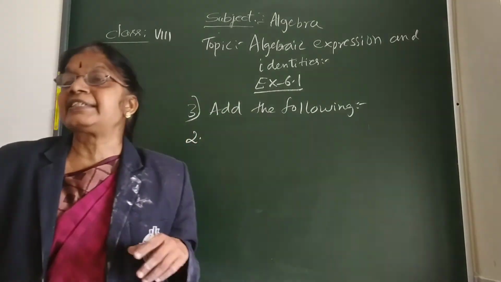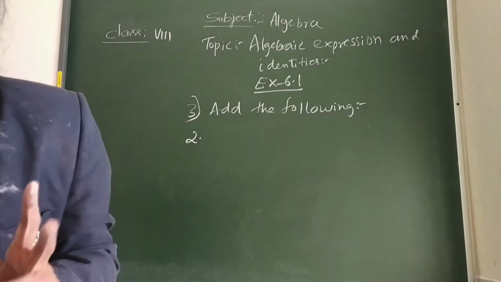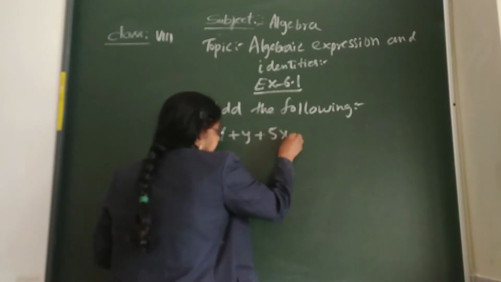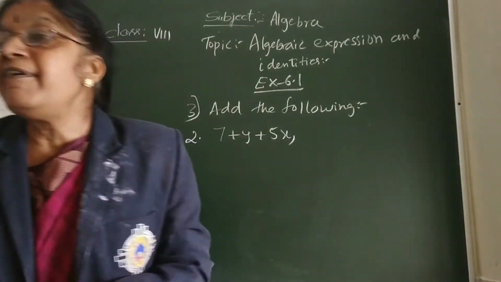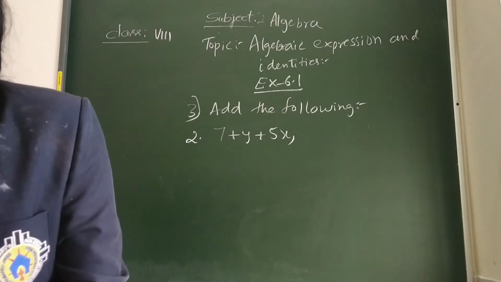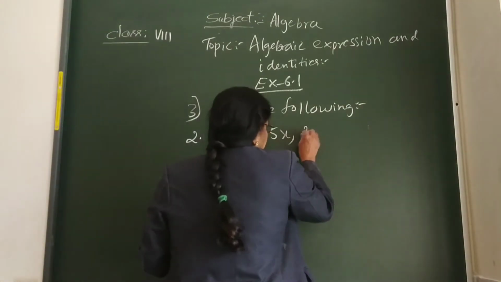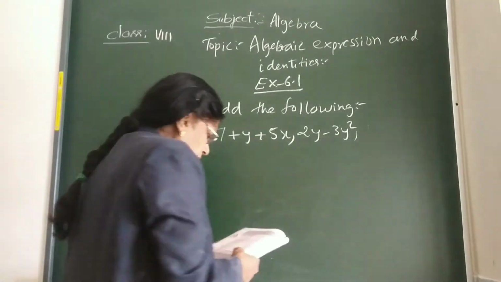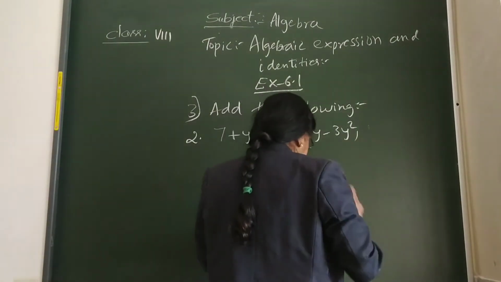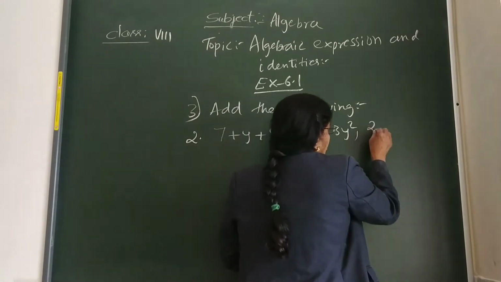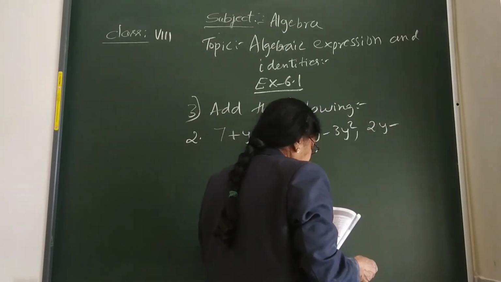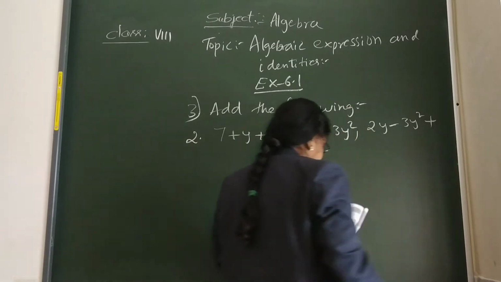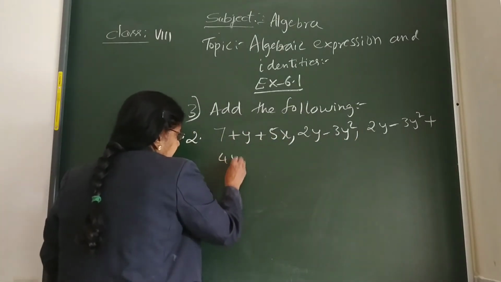Now let us go to the second sum. What does the second sum say? Let us write it down. 7 plus y plus 5x, so it is a trinomial. 2y minus 3y square. 2y minus 3y square plus 4y cube is given.